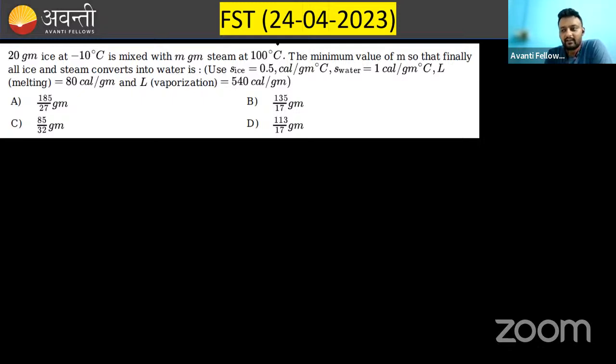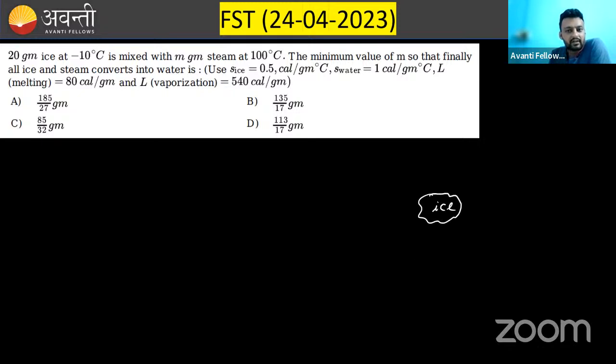Okay, not bad. Okay. So the first question says there is 20 gram of ice at minus 10 degrees Celsius. Okay. So let's draw it using some diagrams here. This is some 20 gram of ice.